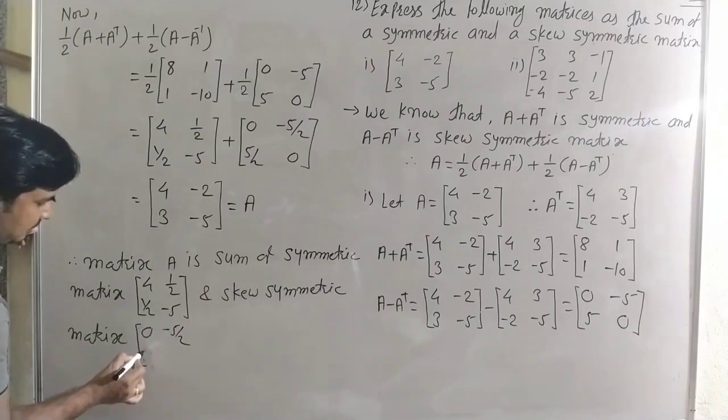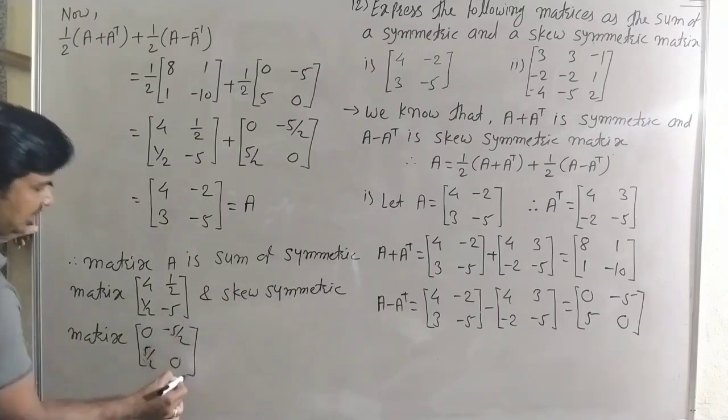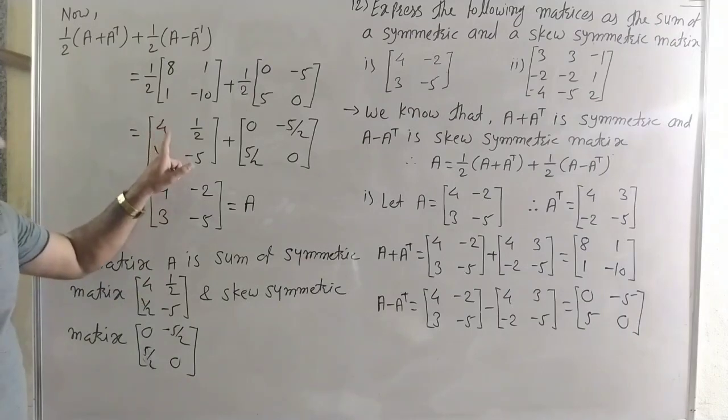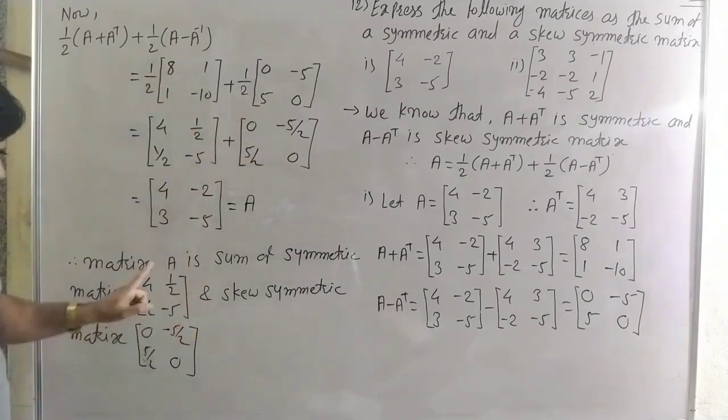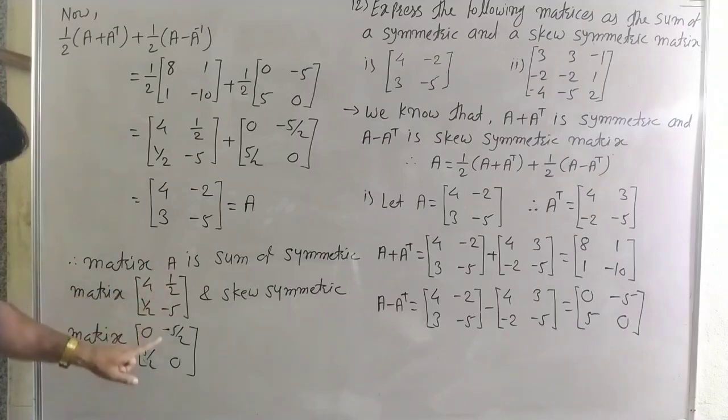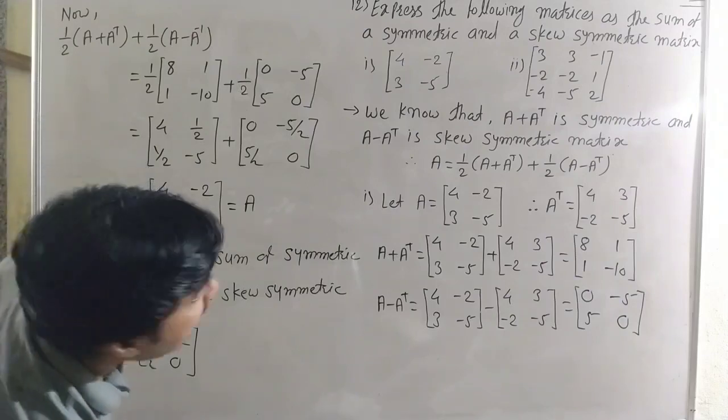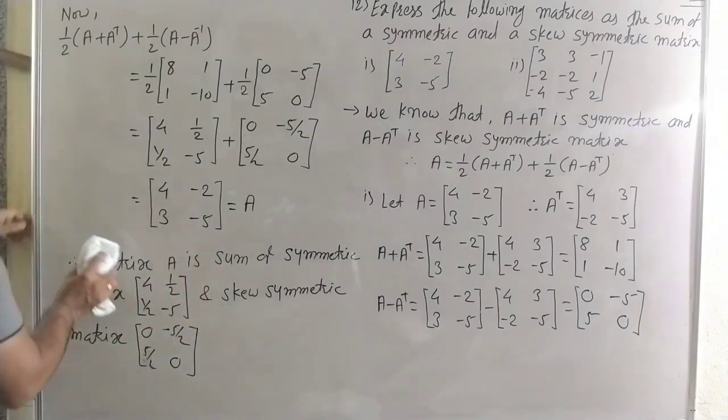Sorry, it is [0, -5/2; 5/2, 0]. Here, the matrix A is the sum of symmetric and skew symmetric matrix. Okay, see carefully. Now we see the second example in this.